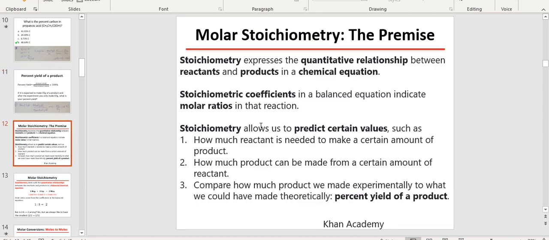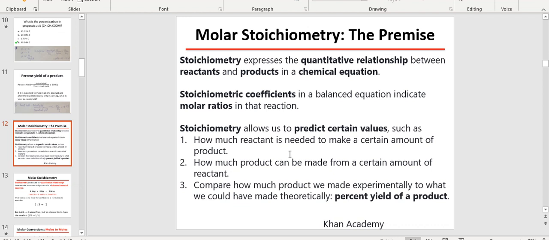Stoichiometry expresses the quantitative relationship between reactants and products. So if I have X grams and 5 moles and 6 moles, how much in theory can I make of my products? Stoichiometric coefficients in a balanced equation indicate molar ratios. You've already seen molar ratios.